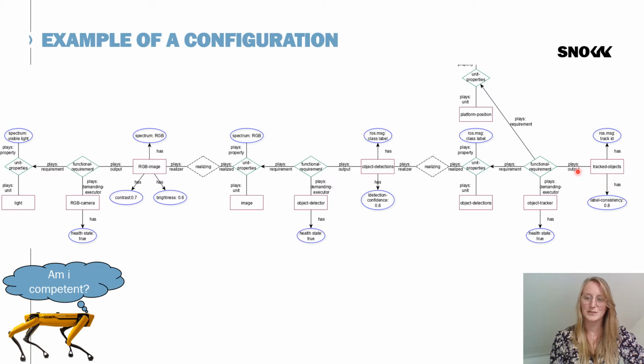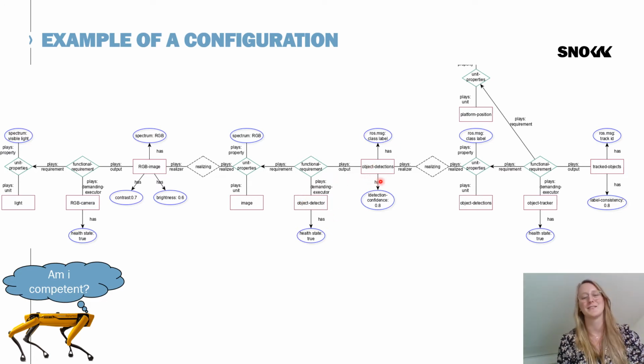We need an object tracker because it's the output of the object tracker. In turn, it needs an object detection as an input with a certain property, namely a class label via a ROS message. Luckily, our object detector can deliver such a thing.